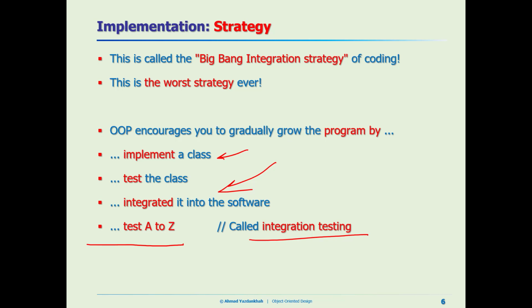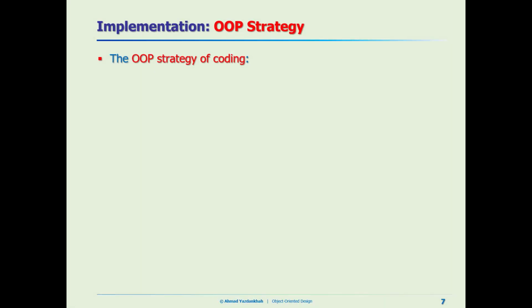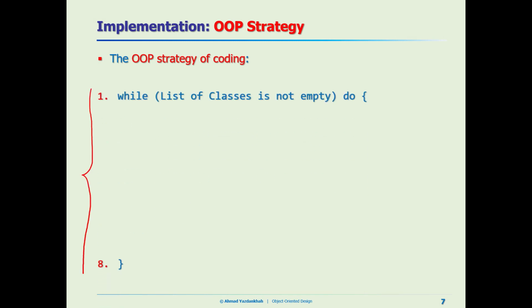Okay? So how can we write down the pseudocode for this strategy? You can pause the video and try by yourself. I put the strategy here. We have the same loop, but in this loop, we pick a class, we implement it, we unit test it, right?